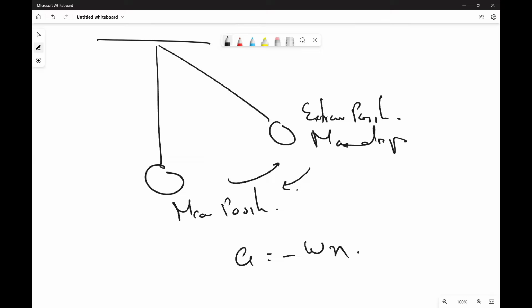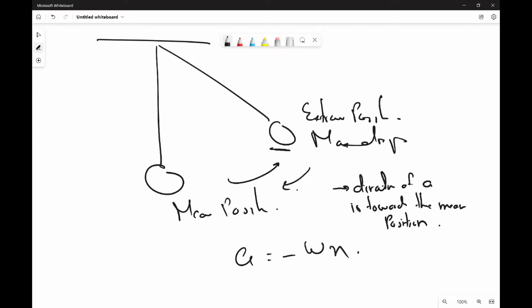Direction of a will be towards the mean position. This is a fact. So the direction of acceleration is towards the mean position.